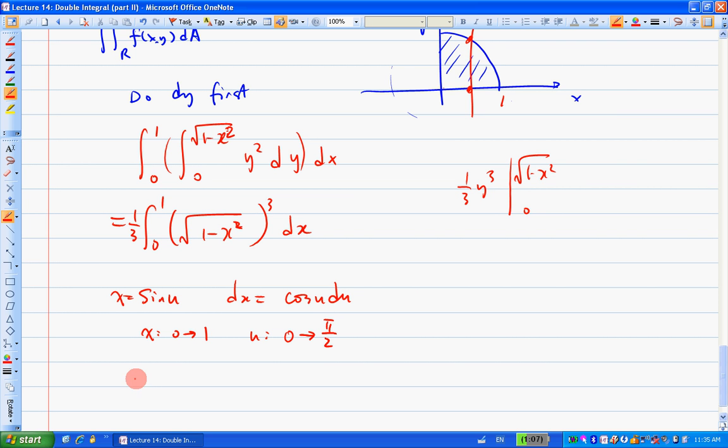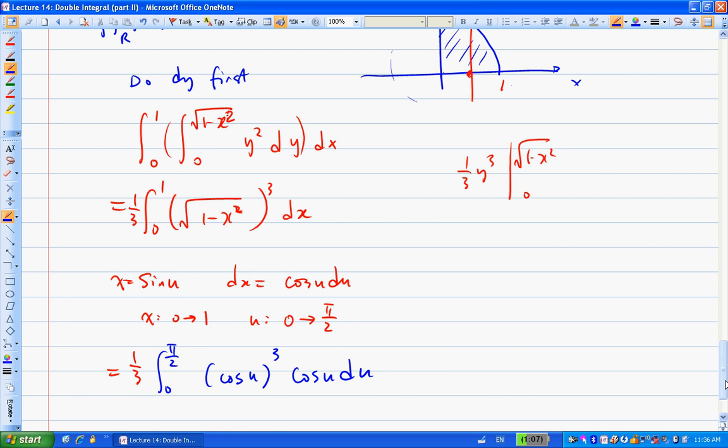Then this integral will become 1/3, integral from 0 to pi over 2, and we integrate with respect to u now, cosine u cubed times cosine u du. Is that clear? That's substitution. So inside here, this is cosine u to the power 4.